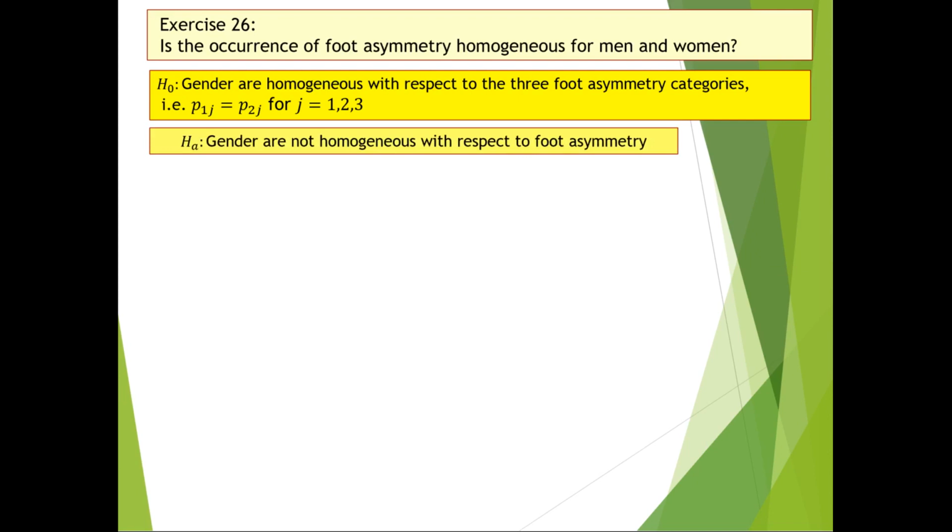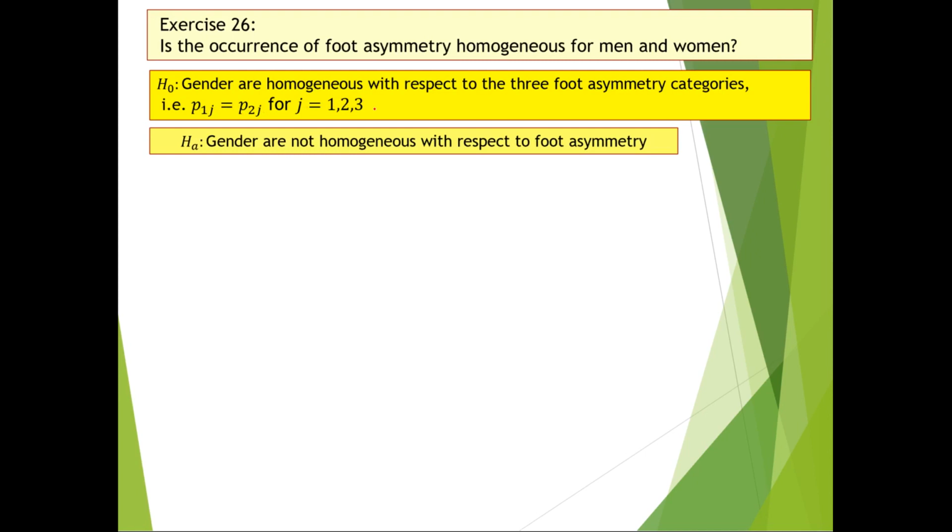So you can specify the null hypothesis in terms of words, or you can specify it in terms of proportions. But note now that we have two populations that we're comparing, male and female, and we're comparing 3 categories. So J is 1, 2, and 3.